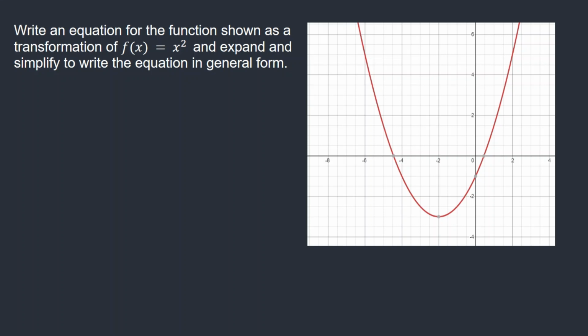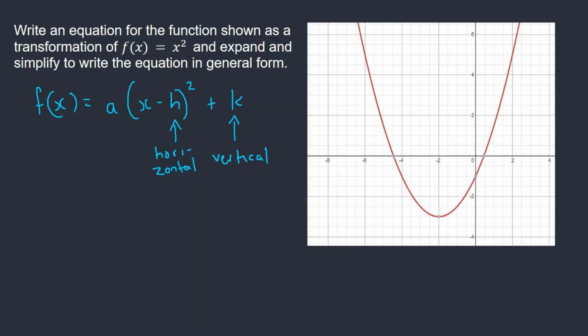So we know that at the end of the day, the function is going to look something like this: a(x - h)² + k, where k is how much the function was translated vertically, h is the horizontal, and a is both the stretch and also what I like to call the orientation. So is it facing up or facing down?